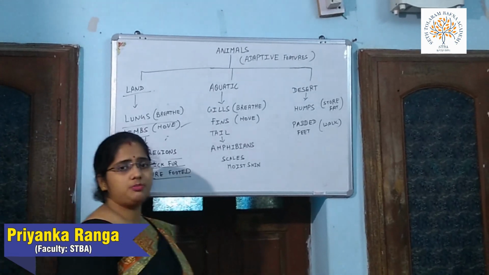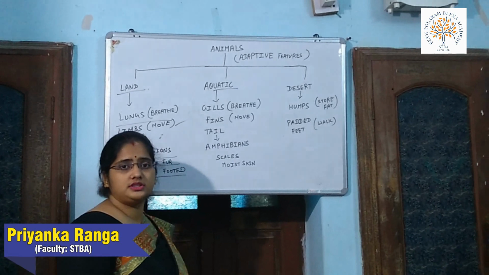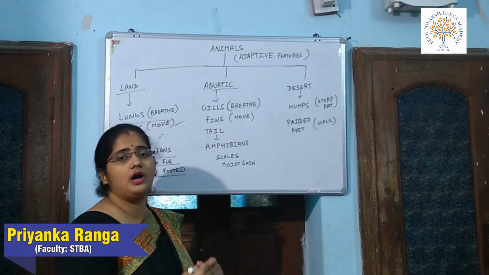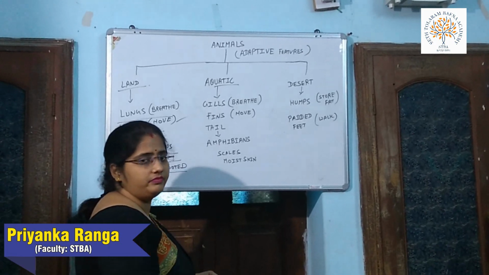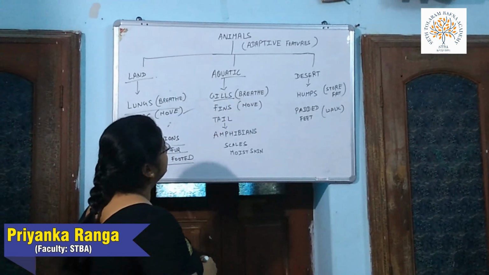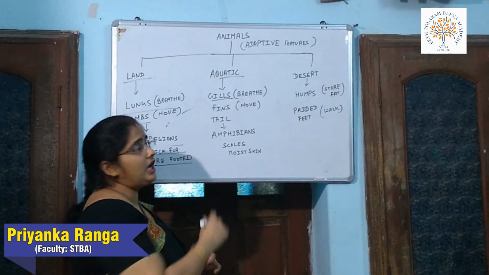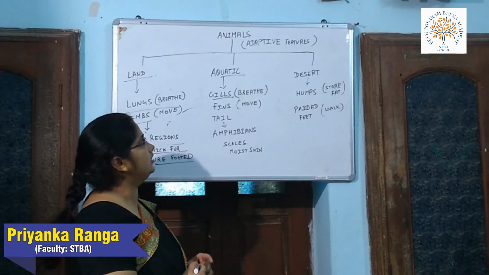Now moving to the next point, that is aquatic animals. What are the adaptive features in aquatic animals? So we will talk about how the animals of the aquatic regions survive in the water.